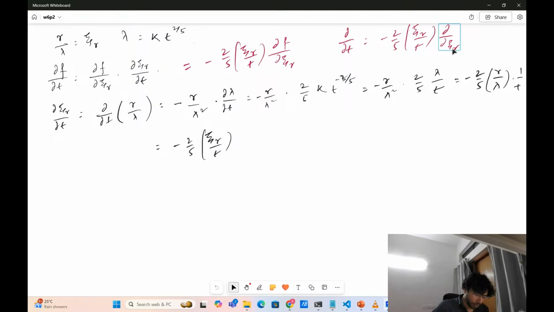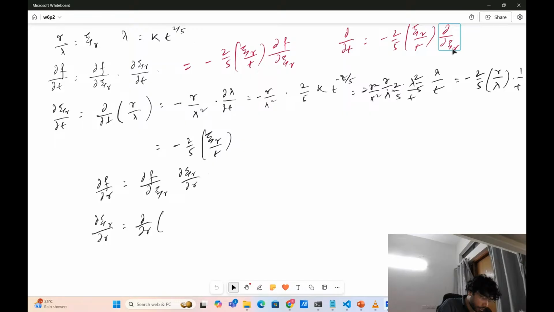Similarly, let's do this for del r. So again, del f del r can be written as del f del psi r times del psi r del r. Okay. Now let's expand del psi r del r. That will be equal to del r of r by lambda. So del r of r by lambda is just 1 by lambda.